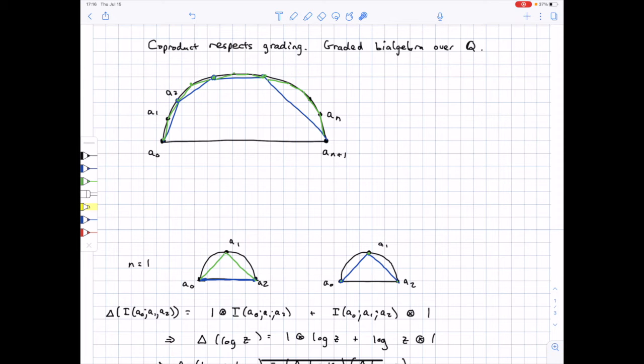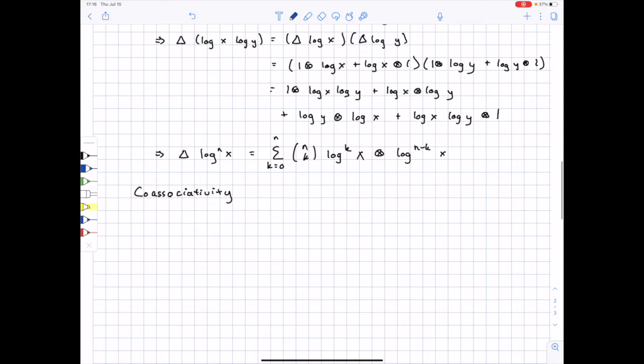With a minute's reflection, you realize that if you iterate the coproduct, you get a triple tensor product, and each term will be represented by triply nested polygons of this sort, where at each stage of the nesting, you're just going in between endpoints of the previous stage of the nesting. So we can, at least intuitively, declare we have checked co-associativity, and we understand it in terms of the nesting of polygons.